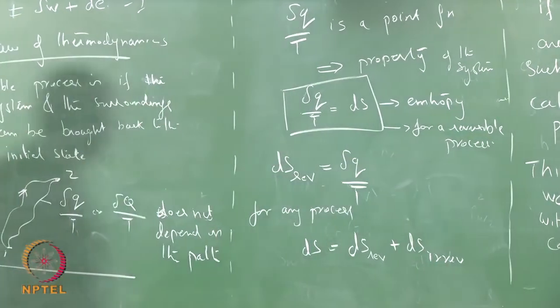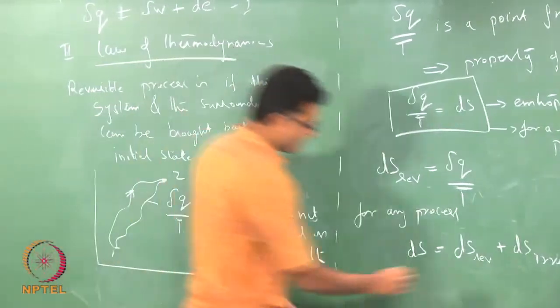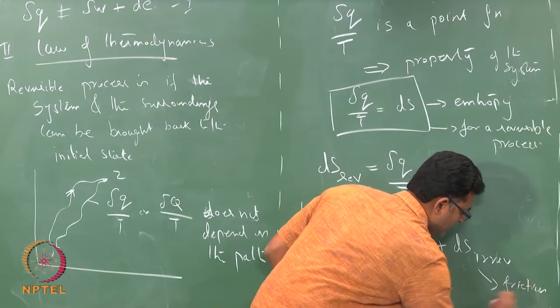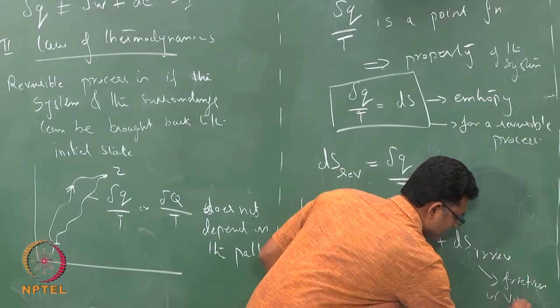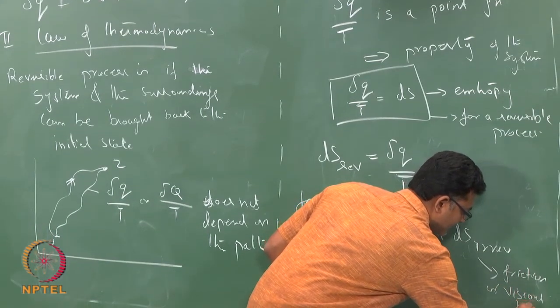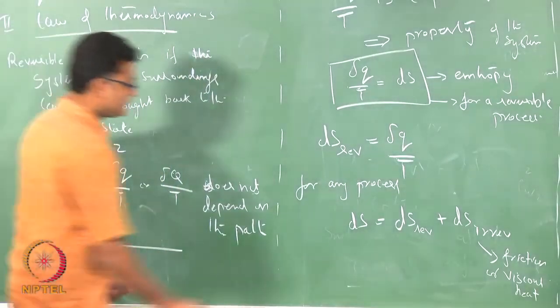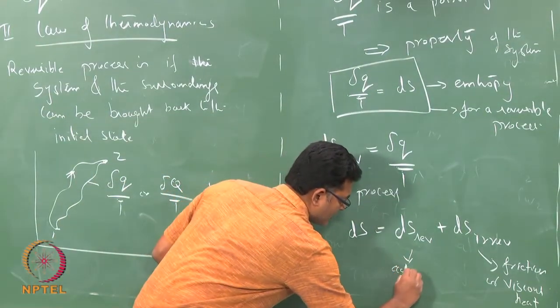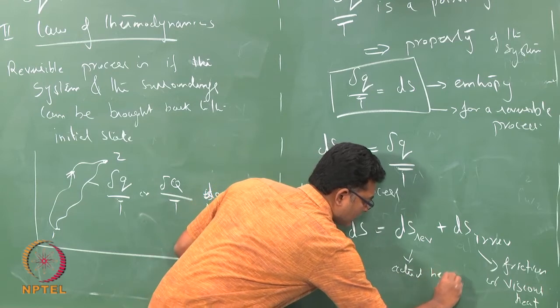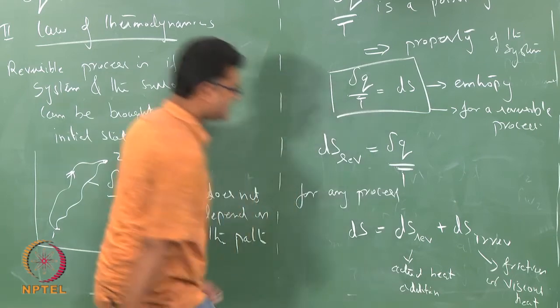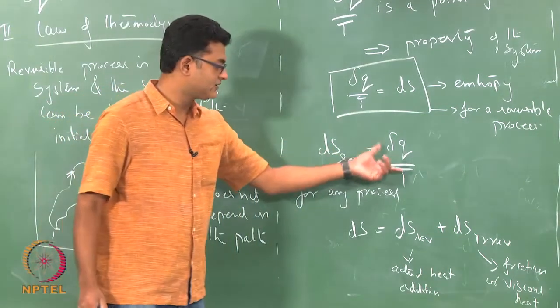Your irreversible entropy change is essentially due to friction or viscous heating or viscous dissipation, and this is your actual heat addition, which is given as delta q by T.